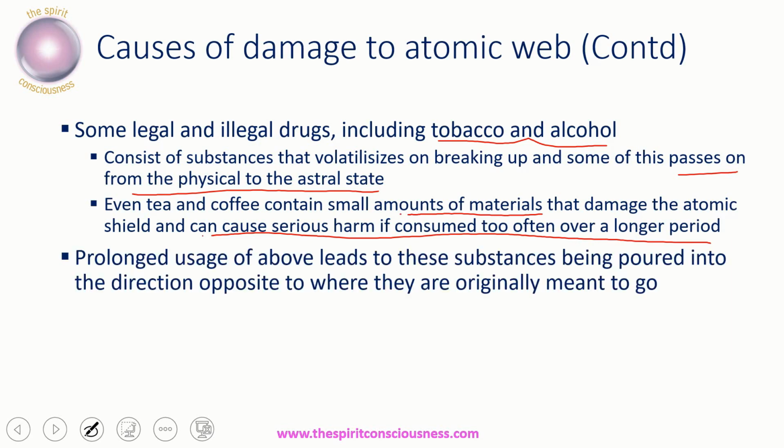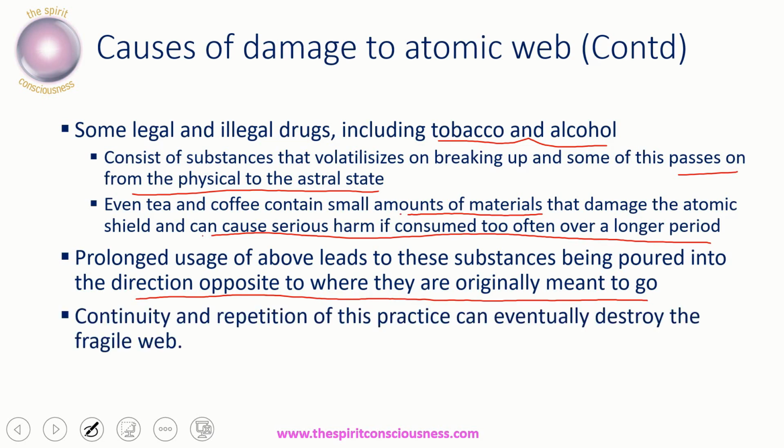Prolonged usage leads to substances being poured in the direction opposite to where they are originally meant to go. The continuity and repetition of these practices can eventually destroy the fragile web.